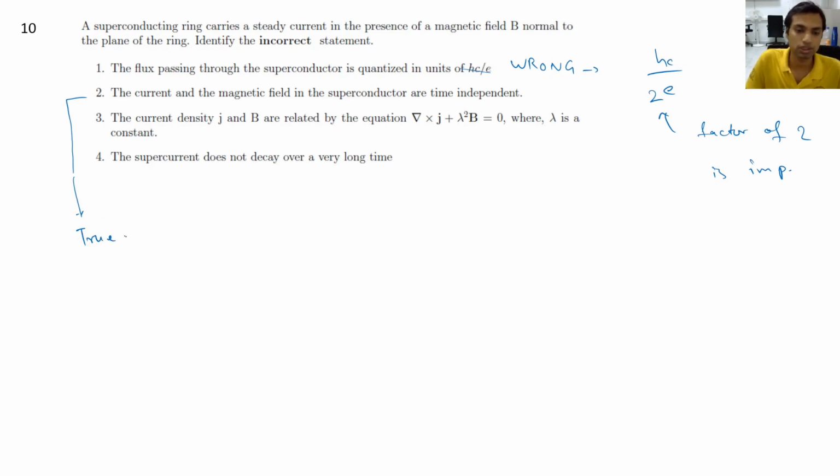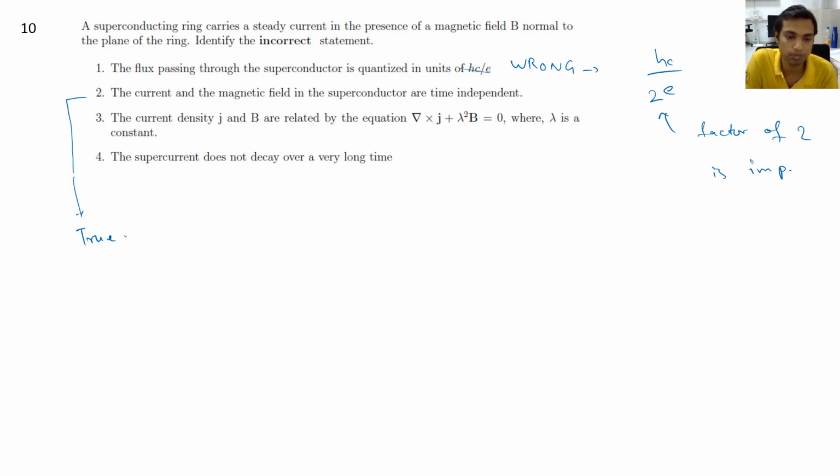And similarly, the magnetic field in the superconductor is also constant. There would be no magnetic field because of the Meissner effect, and it stays like that for a long time. So hence it is time independent.